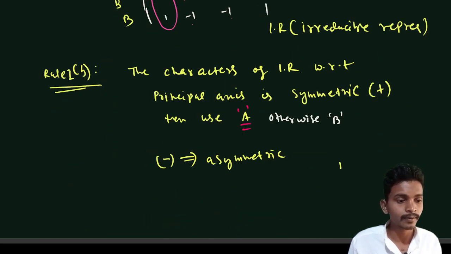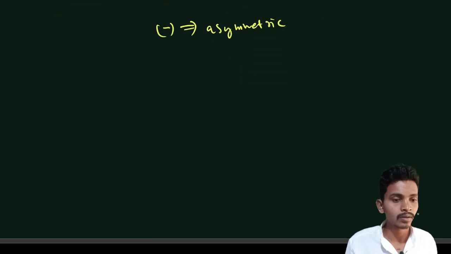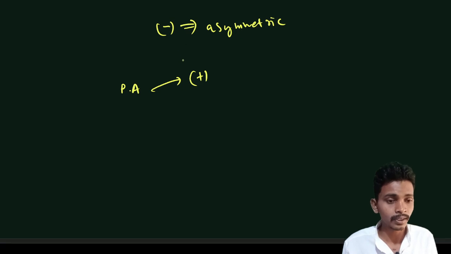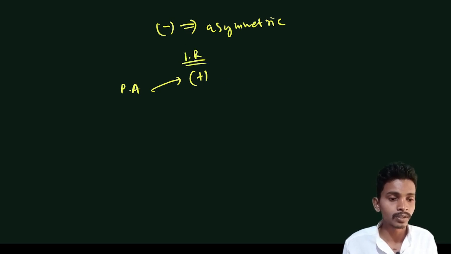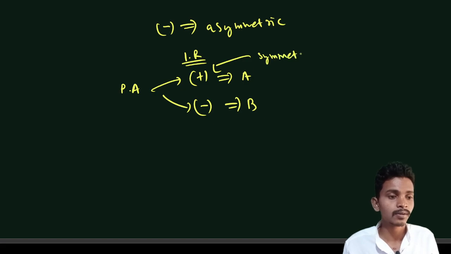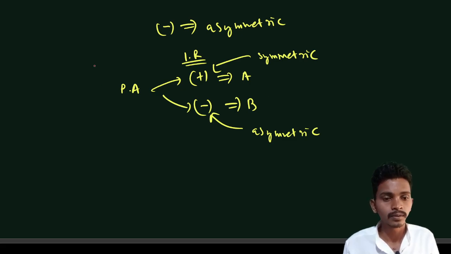This we can also show like this: if the principal axis is positive for the irreducible representation, then we use A, and if the irreducible representation is negative, then we use B. This positive shows symmetric, and this negative shows asymmetric.